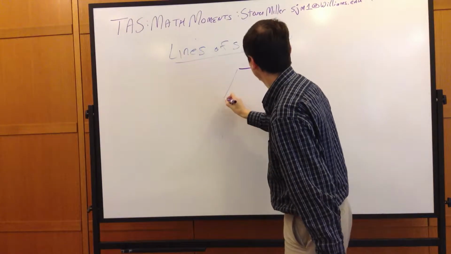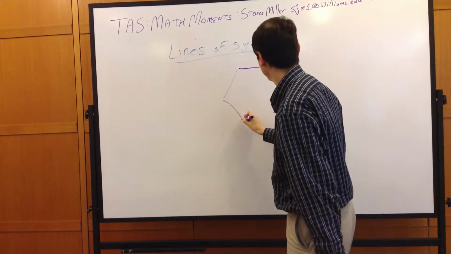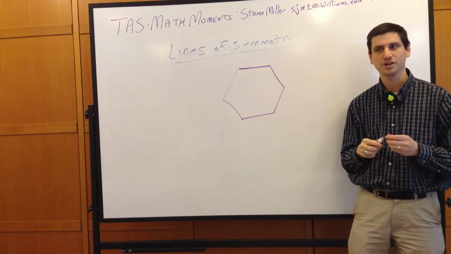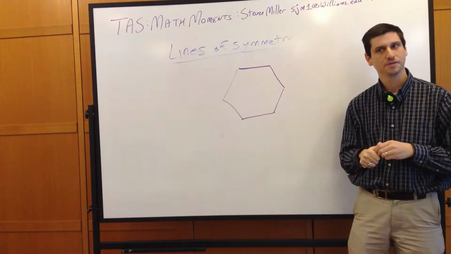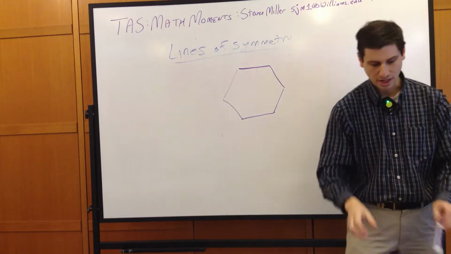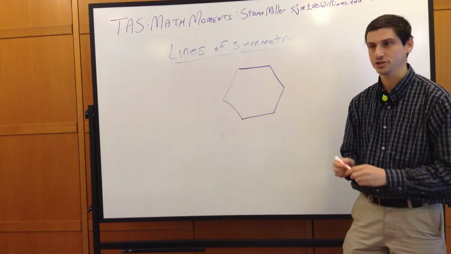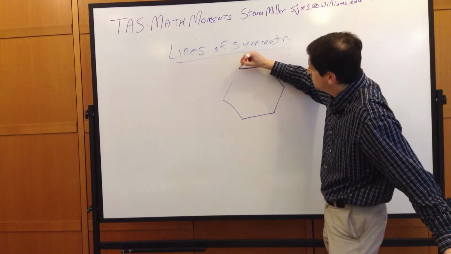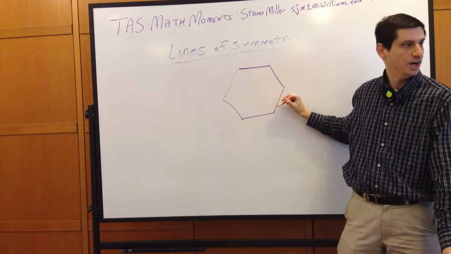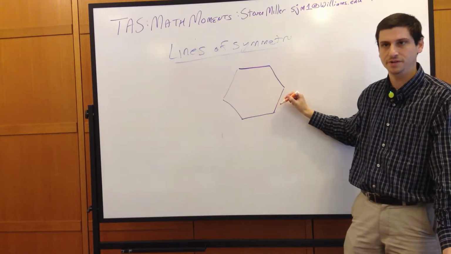All right, so let's take a regular hexagon. So what would be the possible lines of symmetry for the regular hexagon? Same rules. So we know we've got to start in a vertex. If I start in this vertex, the only way that will work is if I go to the vertex down here. Otherwise, I'm not going to split into 50-50.